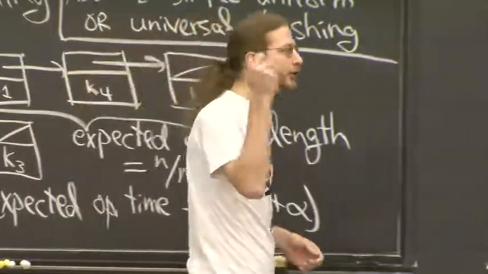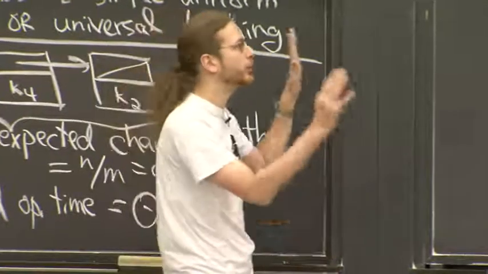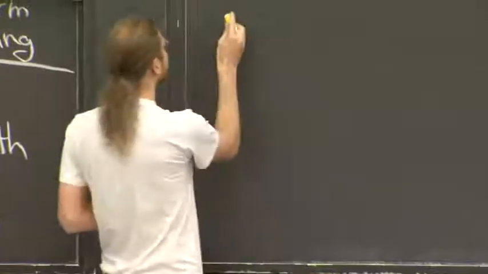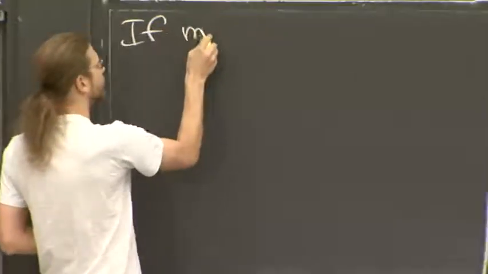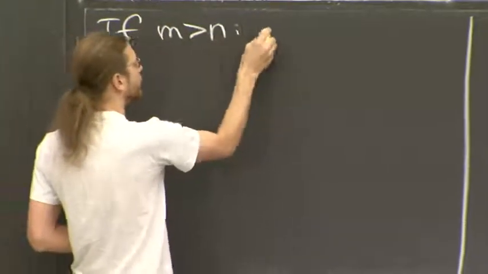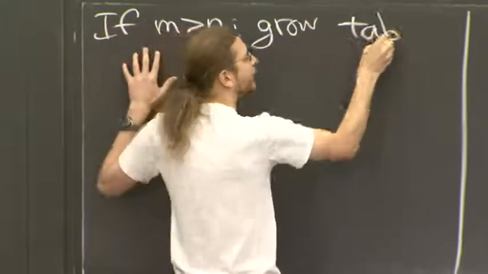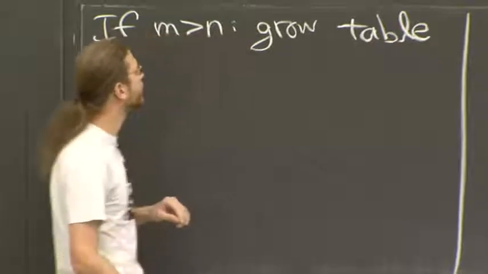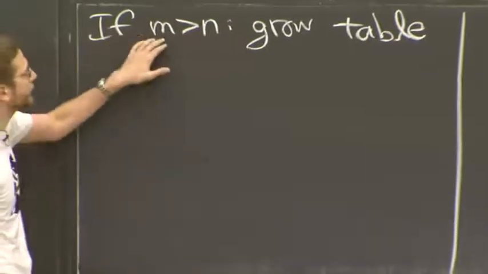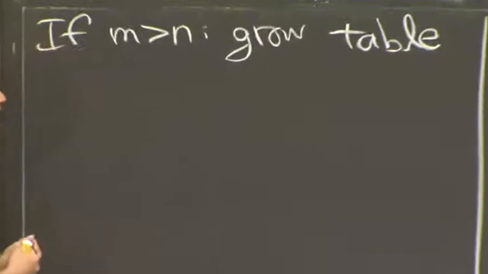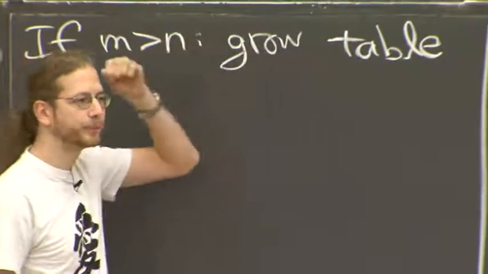And then I go to insert the 9th thing. I say, oh, now m is bigger than n. What should I do? So this would be like at the end of an insertion algorithm. After I insert something, I say, oh, if m is greater than n, then I'm getting worried that m is getting much bigger than n. So I'd like to grow the table.